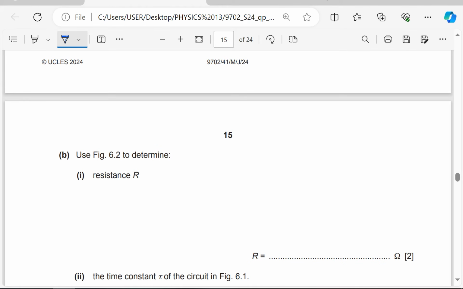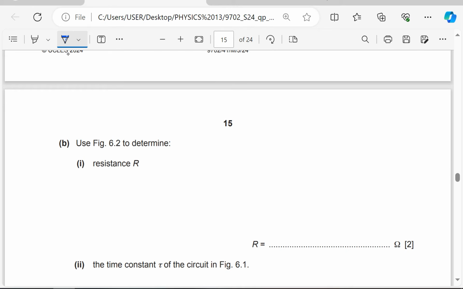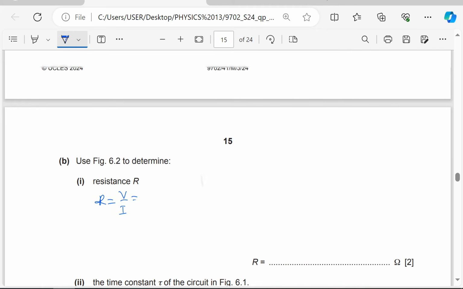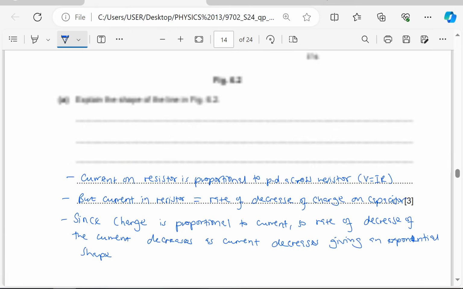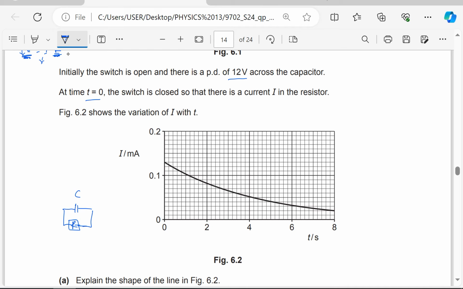Use the figure to determine the resistance R. Of course, we know R could be V over I. At t equals 0, V was equal to 12 volts. But what is I? I at t equals 0, we just read it from here.